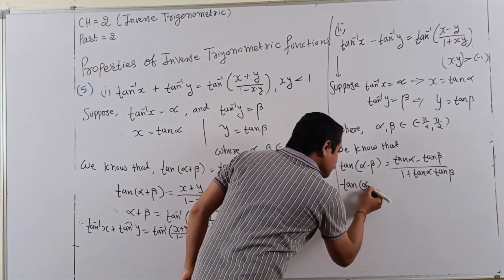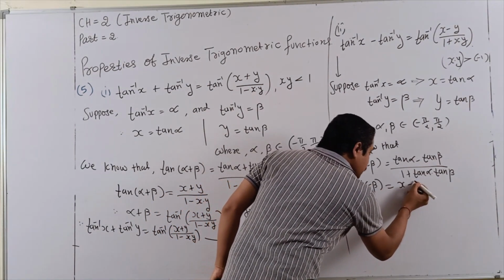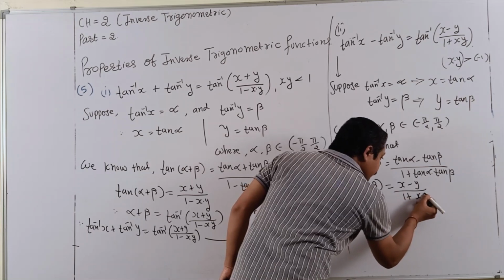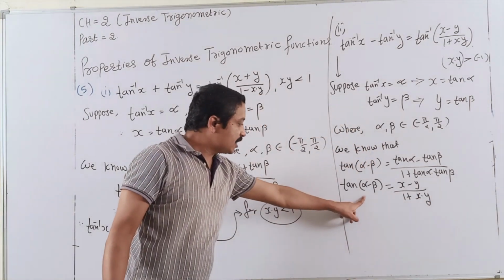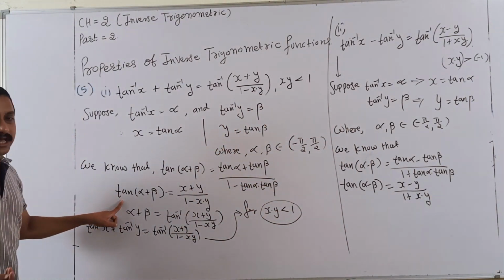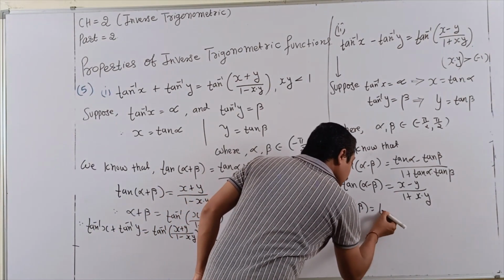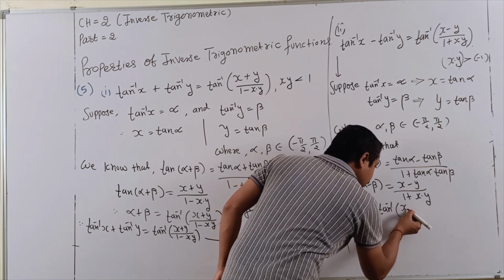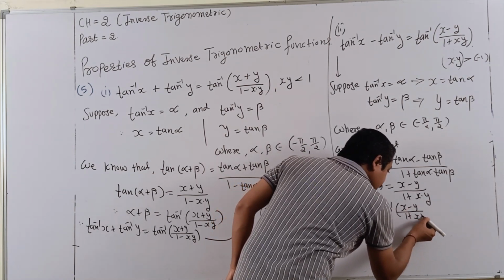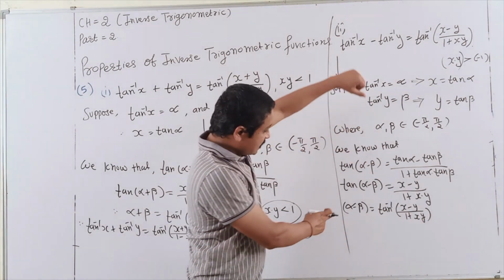So tan of alpha minus beta is x minus y upon 1 plus xy. Yes students, this step and this step are almost the same. So alpha minus beta is equal to tan inverse of x minus y upon 1 plus xy.